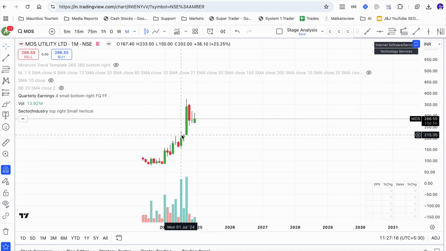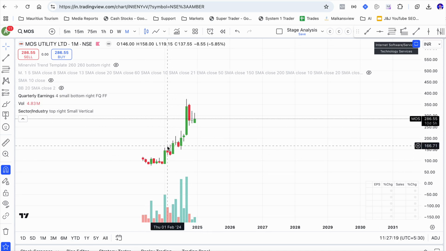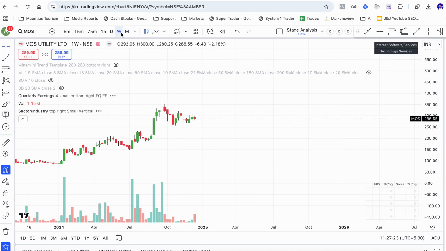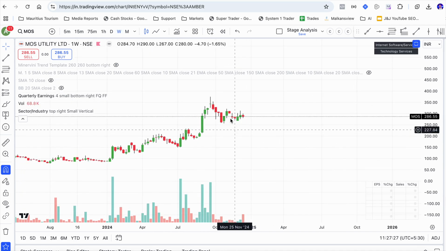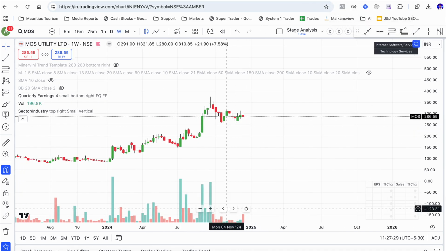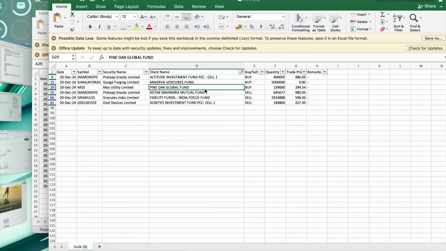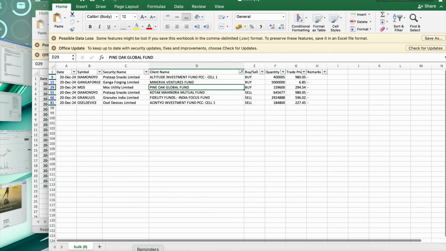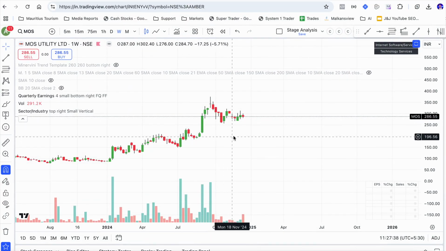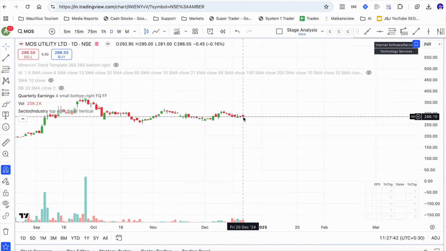After the breakout, it's been in a positive run, a positive move. And right now at this stage, Moss has been bought by Pinoc Global Fund, which you saw here in this data sheet, and possibly it's being bought from retail itself, on the 20th of December.